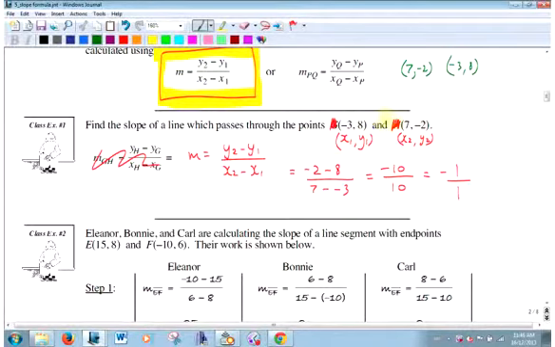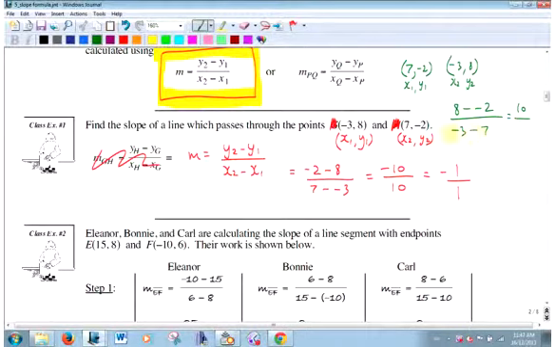What happens if you mix up these 2 points? Well, let's say this one now was the first point, x1, y1, that's x2, y2. I'm going to use the same formula. y2, 8, minus y1, minus 2, over x2, that's minus 3, minus, what's x1? 7. 8 plus 2 is 10.